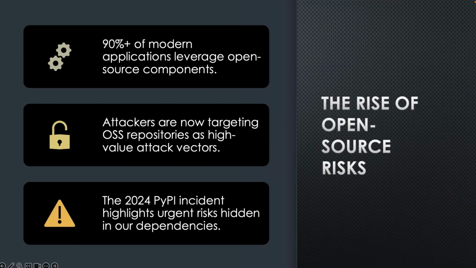So what's the risk? Almost 90% or more of modern applications are leveraging open source components. Just imagine you have an e-store, an online store. The web server is more likely open source, right? No matter if it's hosted by you or by third parties, very likely it will be an open source server.